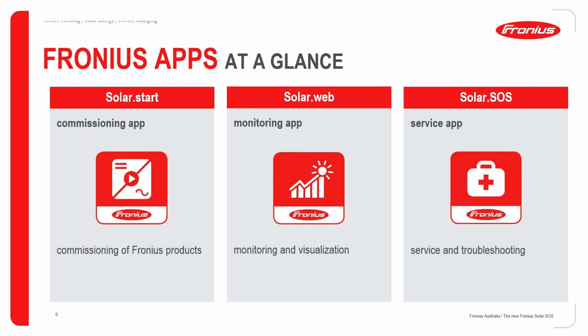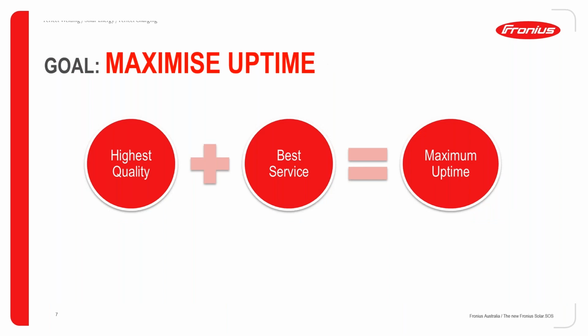The goal of the Fronius proactive service approach is to maximize the system uptime. Being one of the highest quality inverter manufacturers in the market, along with the best service, we can ensure and maximize the uptime of the system. So that's all the brief that we have at the moment.